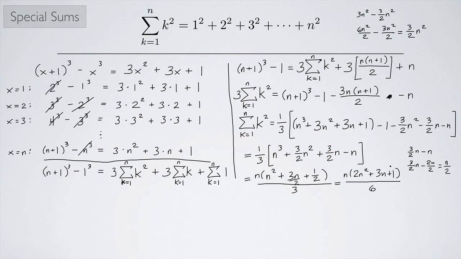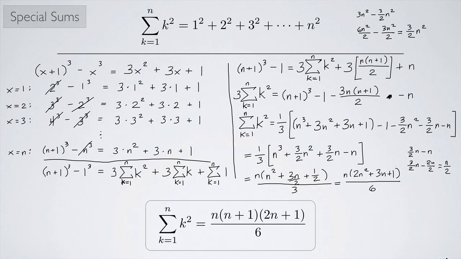And I think this 2n squared plus 3n plus 1 actually factors. And if you factor it out, you end up getting a formula that looks like this. And that's the formula for the sum from k equals 1 to n of k squared. And it's a little complicated to derive it. It's not something you would want to derive all the time, but it is a very useful formula, as you'll see, with calculus.